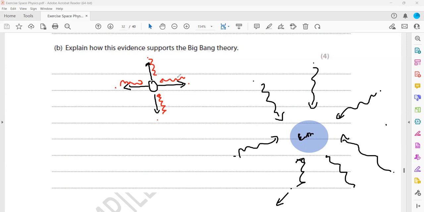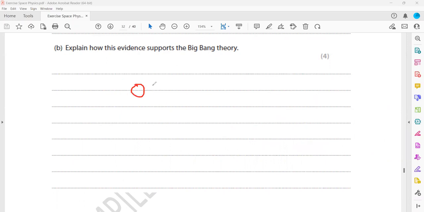This gives an idea, because if something explodes and conserves momentum, it will explode symmetrically. If the universe did not start with a big bang, there might be a possibility that on one side we would receive more background radiation than the other side.